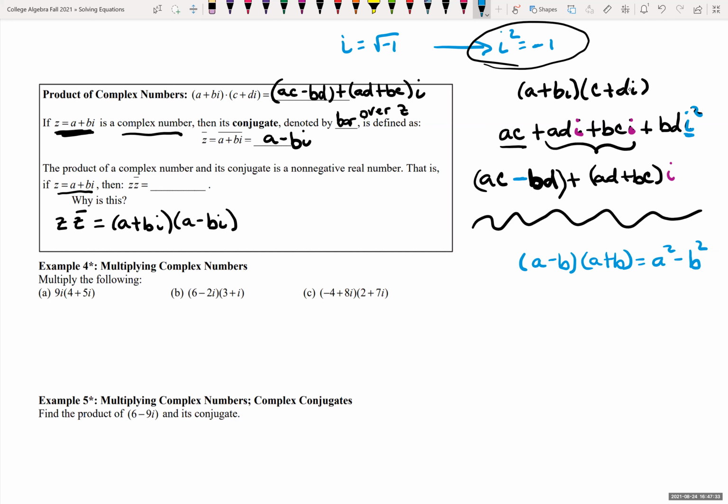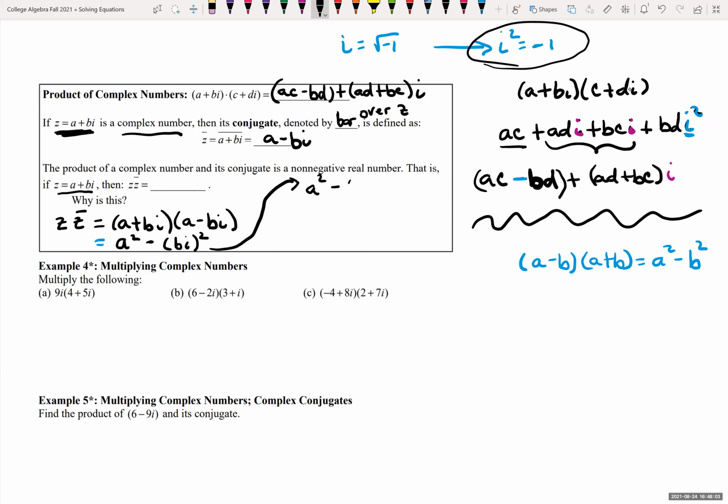The only thing we have to be careful about here, when I FOIL this out, this is going to equal a quantity squared minus bi quantity squared. Well, a squared minus bi times bi, that's b squared i squared. b squared is okay, but i squared is -1.